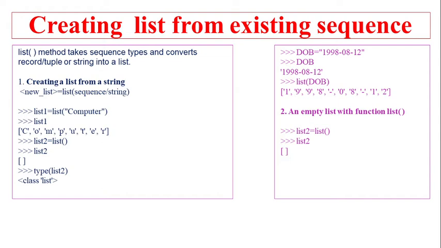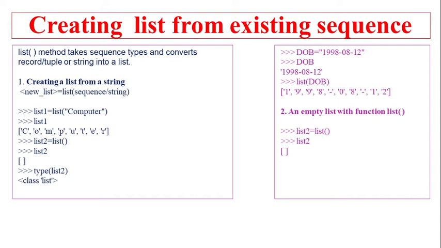You can see 1998-08-12 became a list. So that's the first method. What we have done is we have converted a string to a list, or we are creating a list from a string. Then the second option is an empty list with the function list.